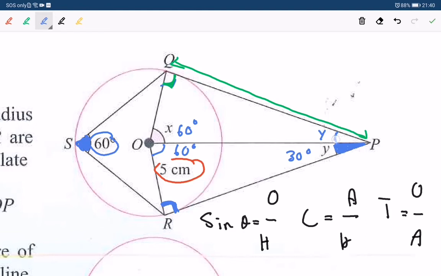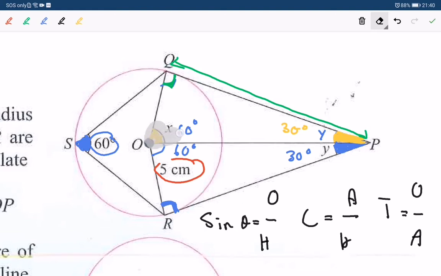So we will use this angle. We can use either this angle. I use another color. Okay, I use the yellow. We can use either this angle, which is 30 degrees, or we can use this angle. It depends. For the first one, I want to use the angle of this, the 30 degrees.